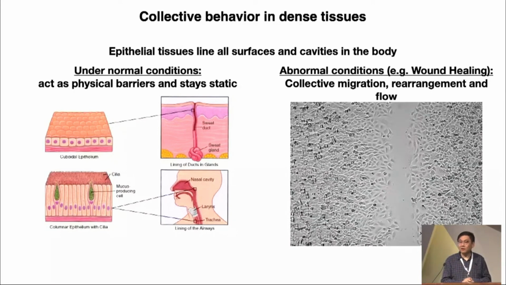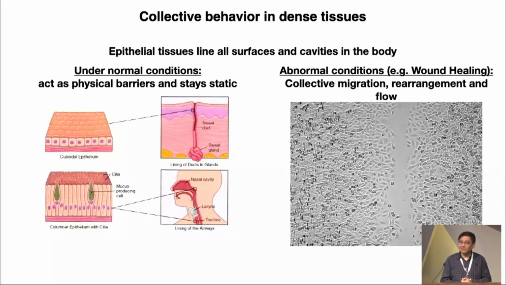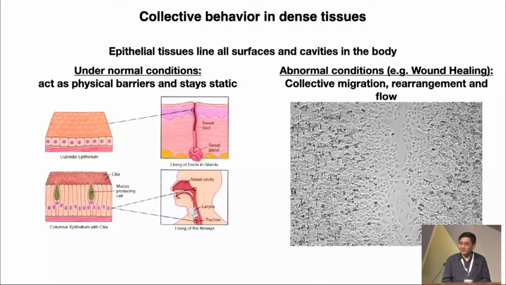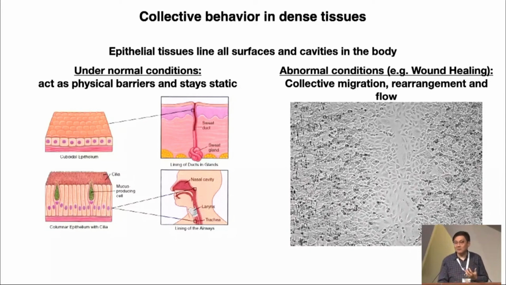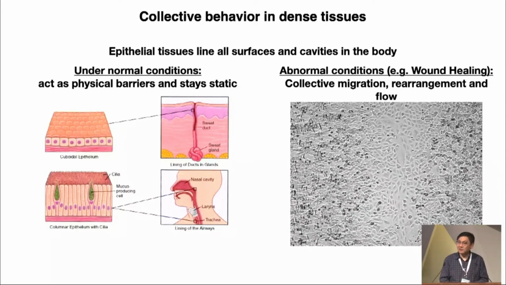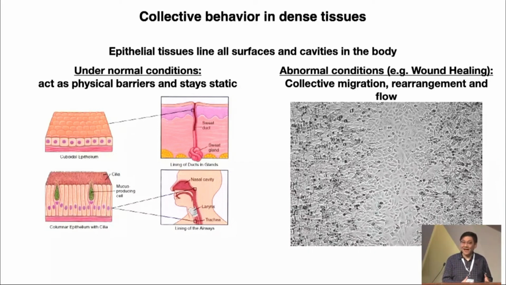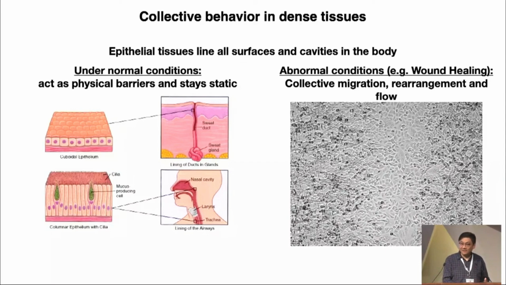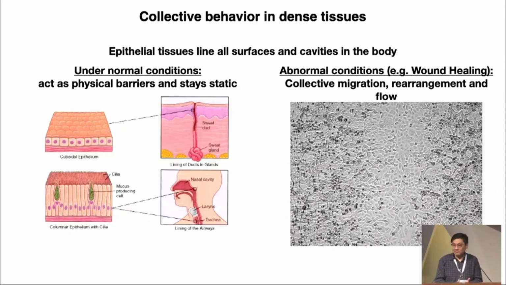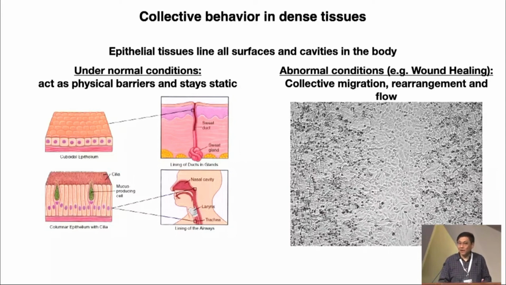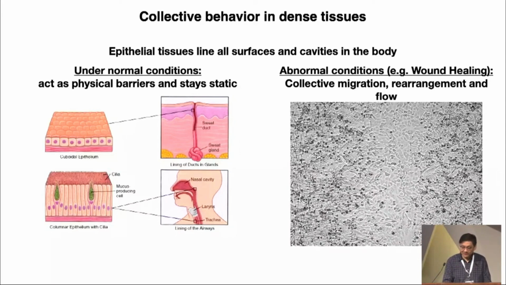There is, of course, a collective flow of cells in response to heal that wound. From a physics, mechanical materials perspective, you can think of this almost as a transition from a static quiescent state, which under wound healing has been triggered to flow collectively much more like a liquid or fluid type of state.